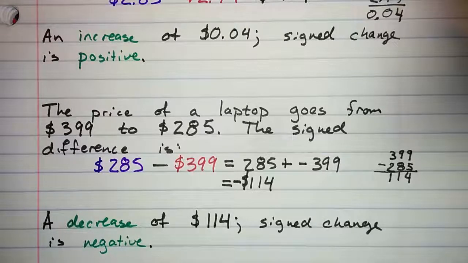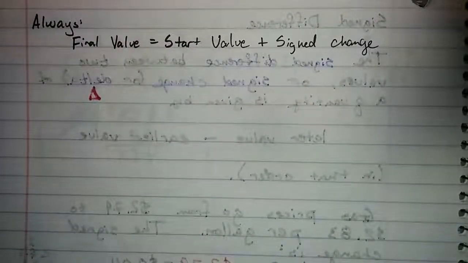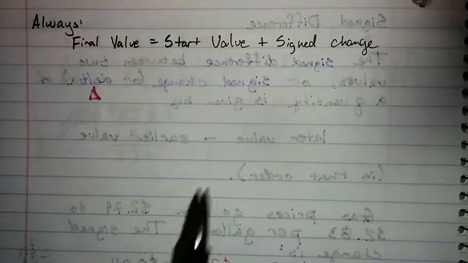Why is this useful? Well, remember before when we said once we know how much we change by, in order to get the final value, we add if it's an increase or subtract if it's a decrease? If we encode whether it's an increase or a decrease with the sign, we don't need to do that messing around. It will always be the case that the final value equals the starting value plus the signed change.